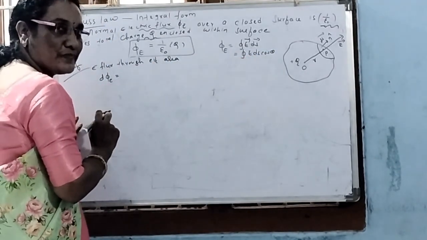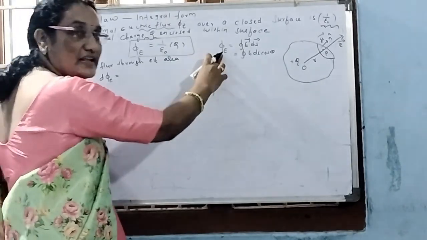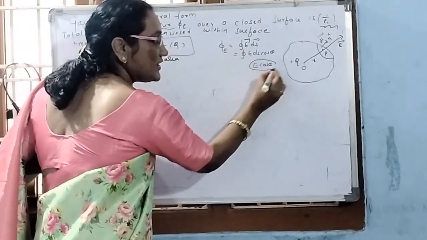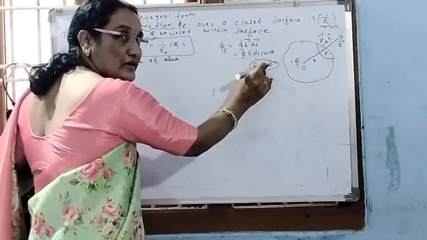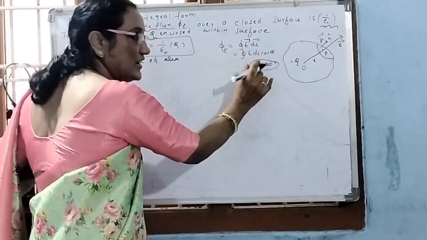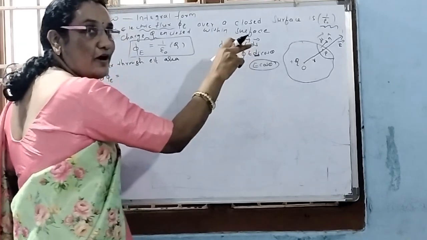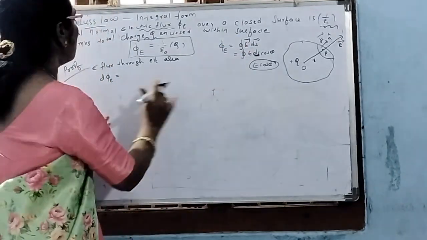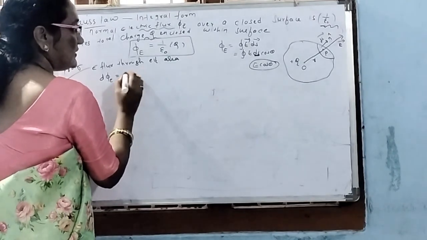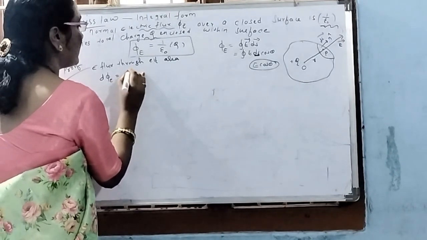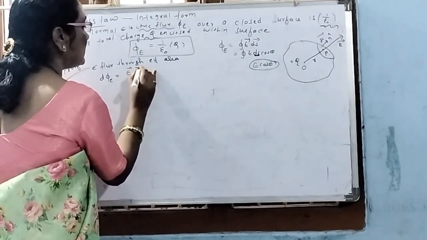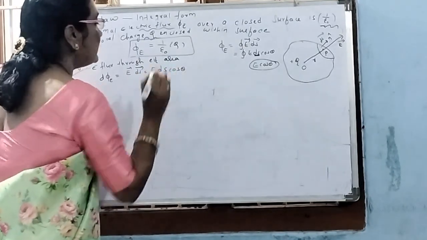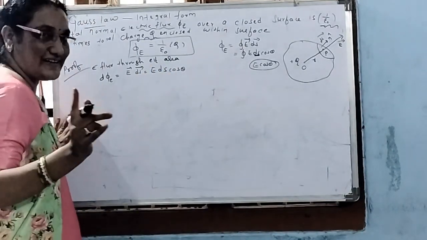That is nothing but the electric flux is the product of the component of the electric field and the area of the surface we considered. So I am writing E dot ds, that is E ds cos theta.